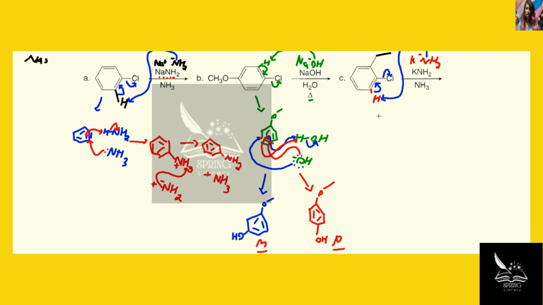When you make a bond, you break a bond, so the chlorine will fall off. Now we've formed ammonia.